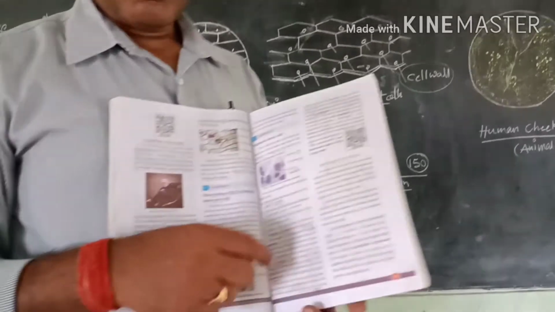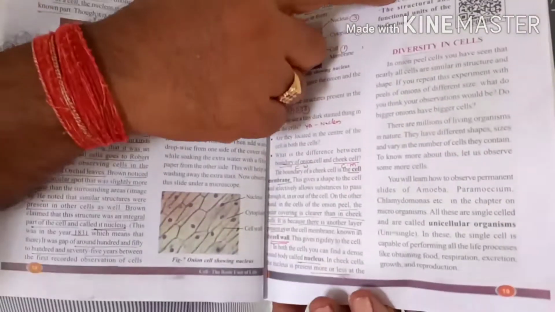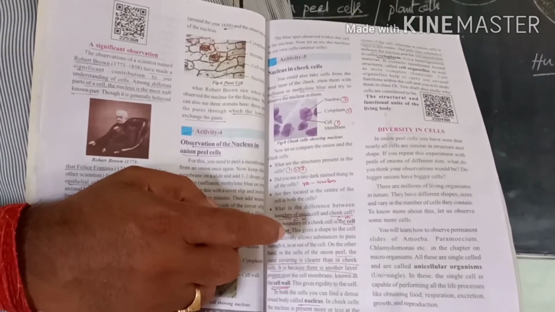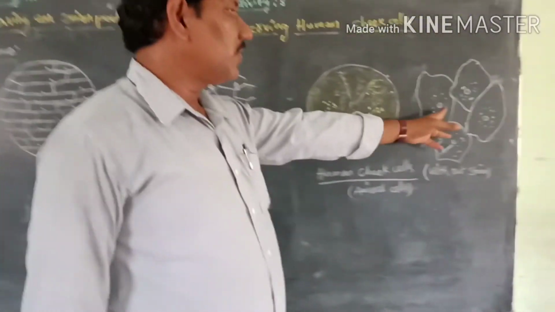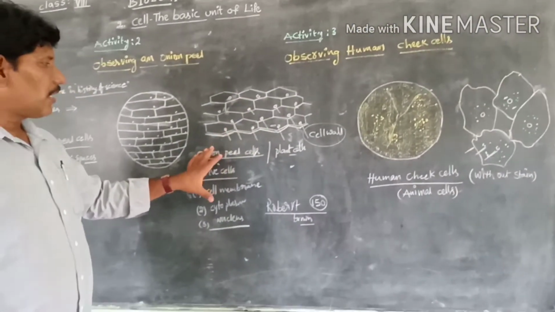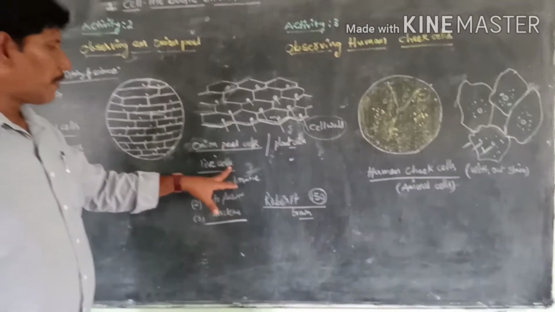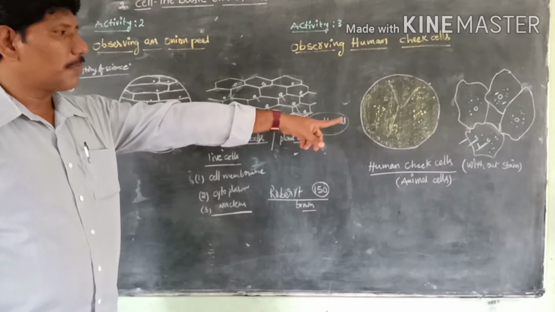Next, what is the importance of the cell membrane, cytoplasm and nucleus in these cell components? While we are observing the human cheek cell or onion peel cell, the basic components of the cell are mainly four parts in the onion peel cell or plant cell, whereas in the human cheek cell, three parts are there.